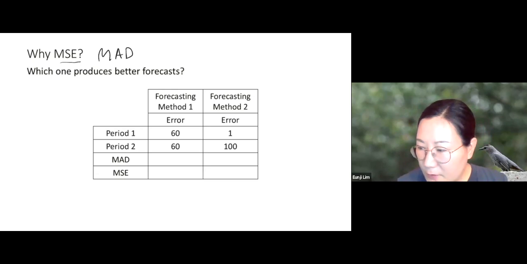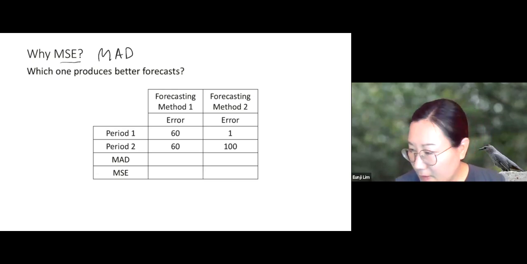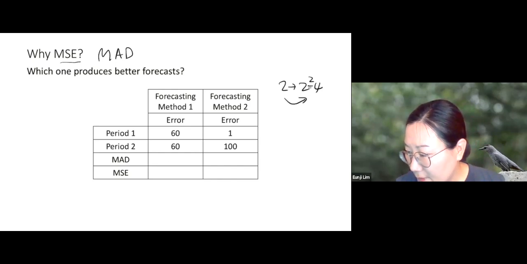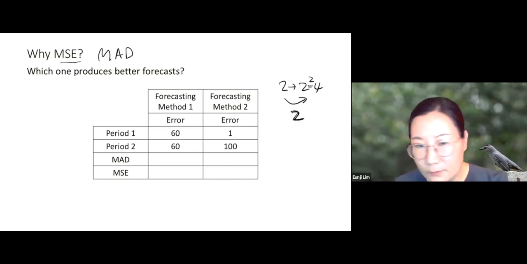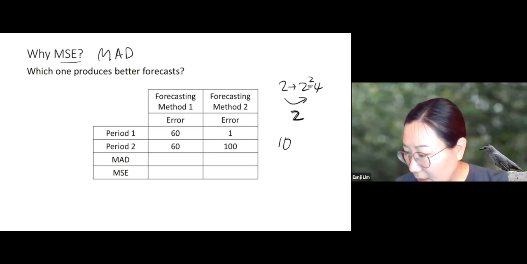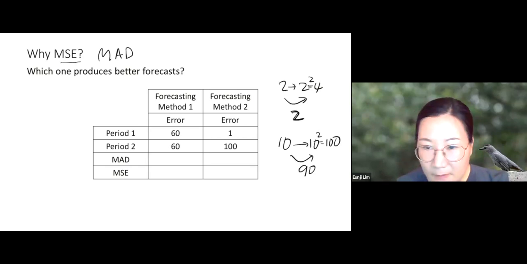For example, if you square a small number, say 2, 2 squared is 4. So this number has increased. The difference is 2, right? It increased by 2. But if you square a large number, say 10, 10 squared is 100. So it increased by 90.